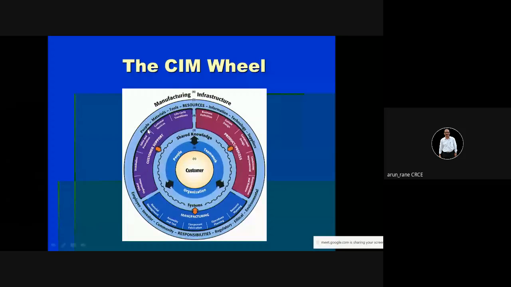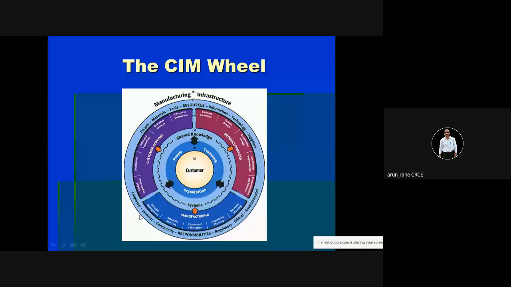So we have people, then materials, then tools, that is your machine tools, which come under the category of resources also, then information, then technology, suppliers; all these are interconnected.